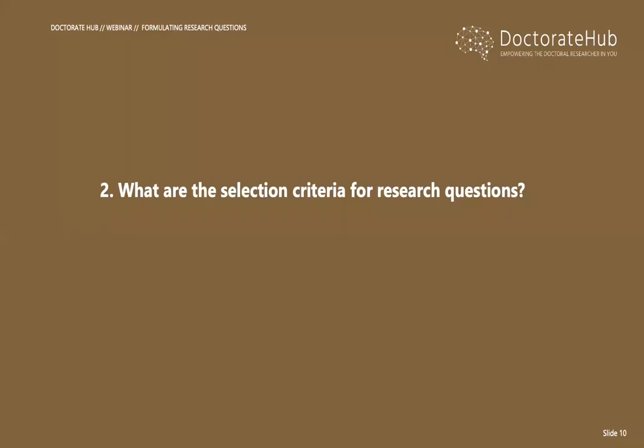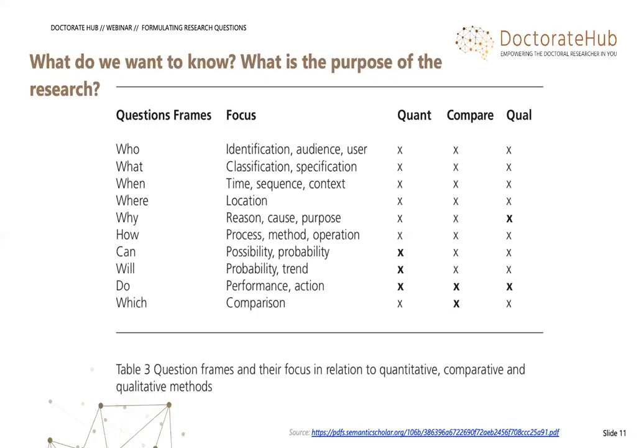What then are the selection criteria for research questions? That will depend very much on what we want to know and what the purpose of the research is. Here you will see on the left side the question frames that start with the typical W questions: who, what, when, where, why, but also how, can, will, do, which.